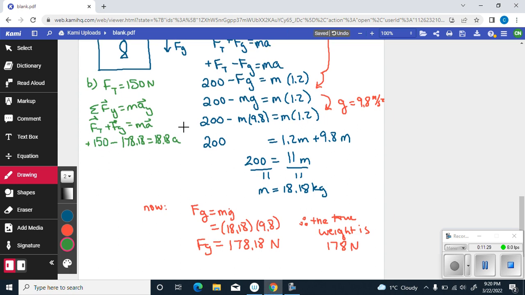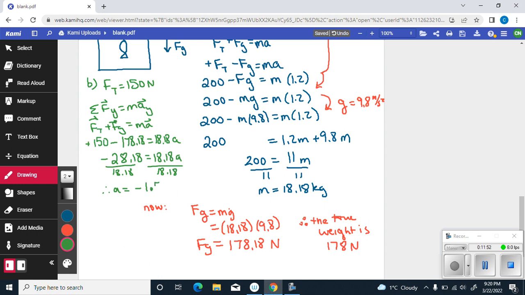So let's see. 150 minus 178.18 gives me a negative net force of 28.18 equals 18.18 times acceleration. Divide both sides by 18.18. Therefore, acceleration is going to be a negative. 28.18 divided by 18.18 is 1.55.